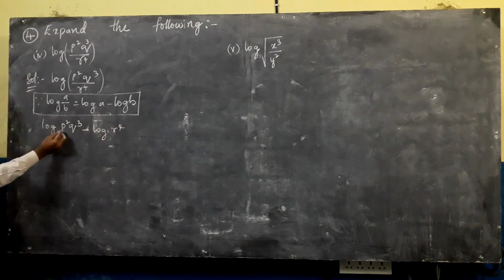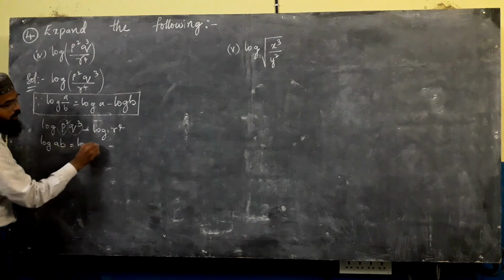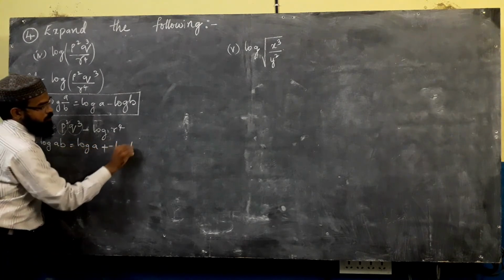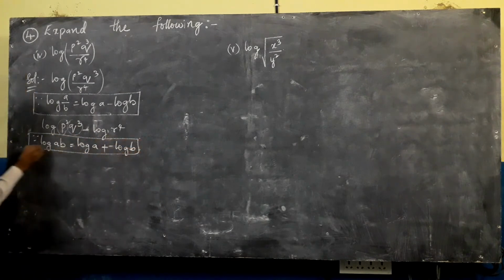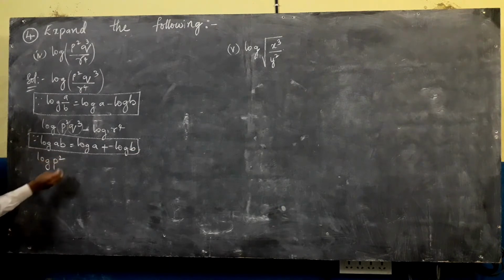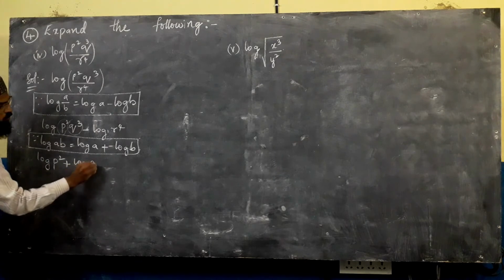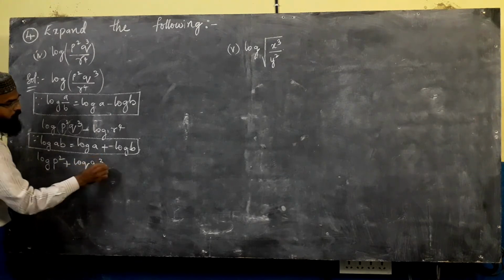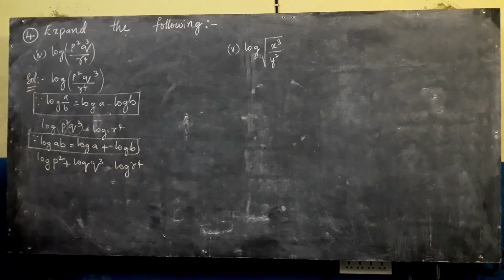Now we are having formula for this one, log ab is equals to log a plus log b. So log p square plus log q cube minus log r to the power of 4.